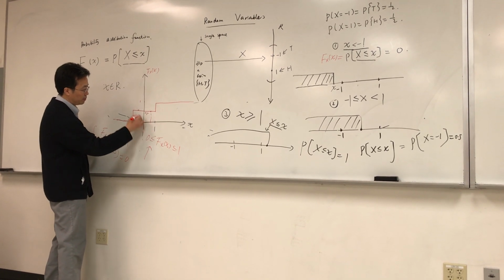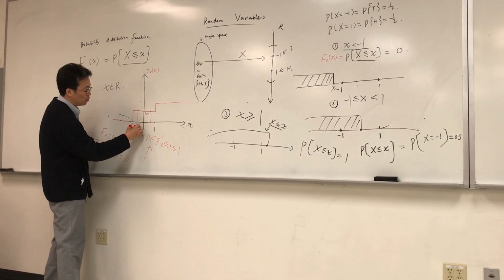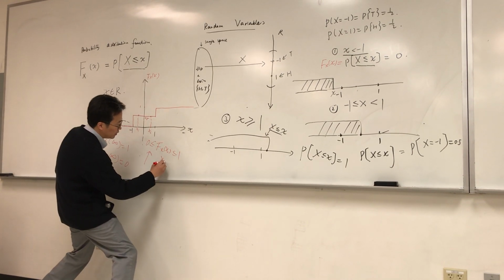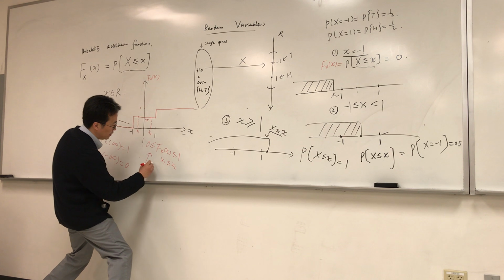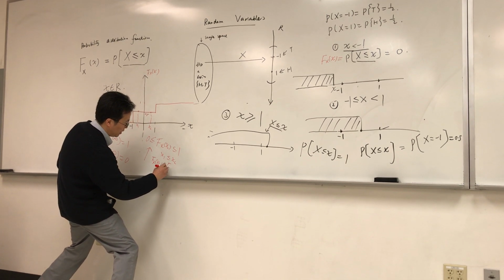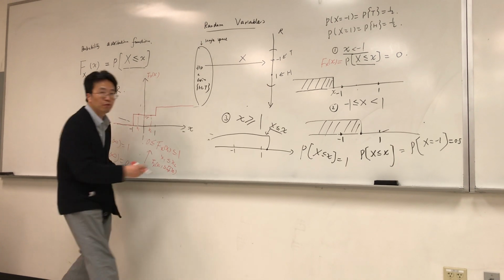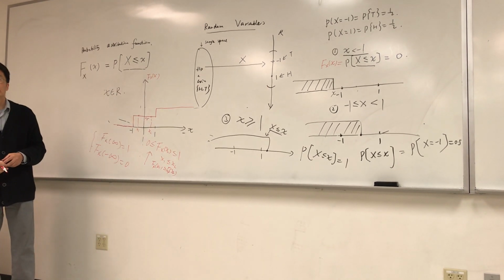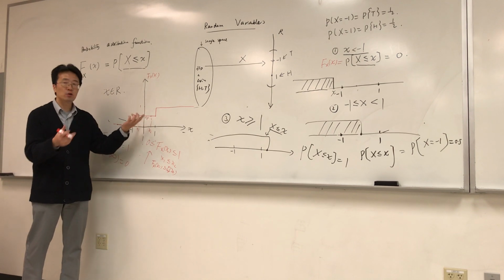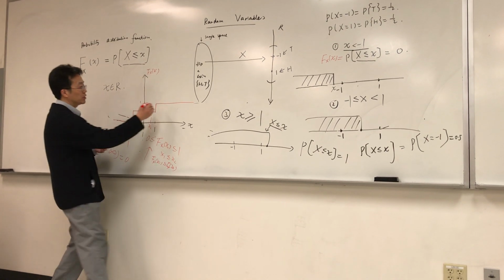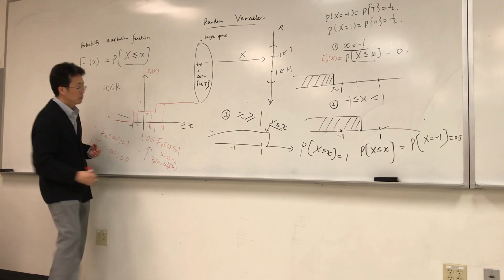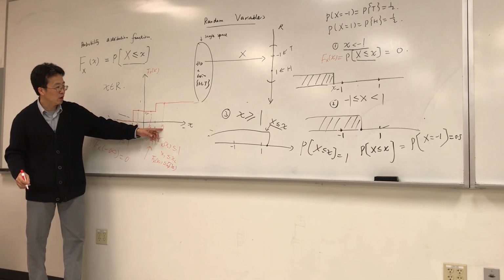For example, if this is x1, x2, in other words, when x1 is less or equal to x2, then F(x1) should be less or equal to F(x2). That's the meaning of increasing. Of course, increasing includes the special case of equal to each other. But here you can see this is x3, and F(x3) is larger than F(x2).